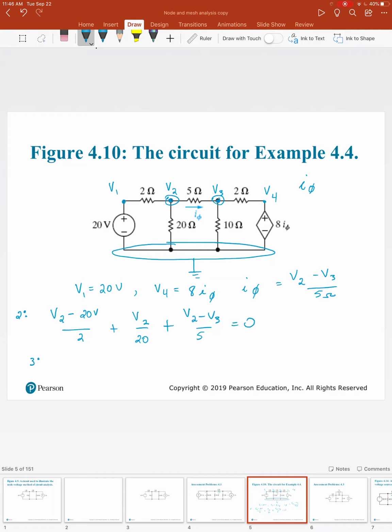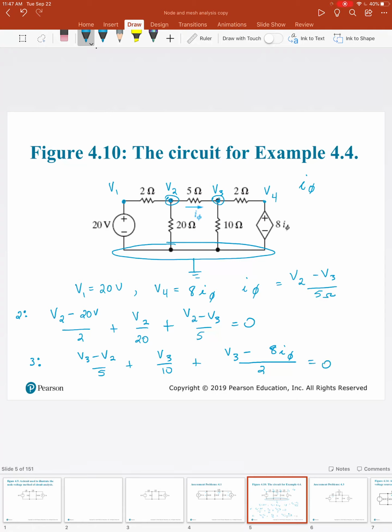And then at node 3, I have V3 minus V2 over 5 plus V3 over 10 plus V3 minus V4, which is 8 I-phi, substituting directly, over 2 is equal to 0.